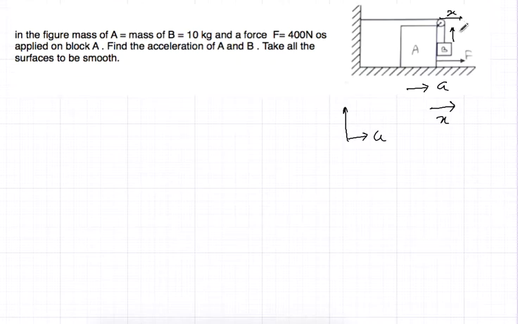So if A is going in this direction a distance x, B will go upward a distance x. So we can say that if A is going in this direction with an acceleration of a, B will also go upward with an acceleration of a. So B will have two accelerations, a in this direction and a in the upward direction.